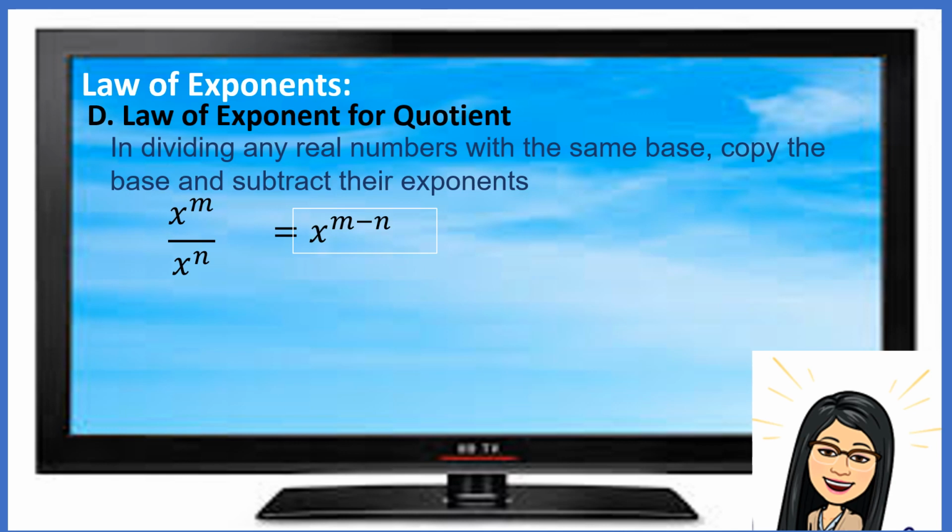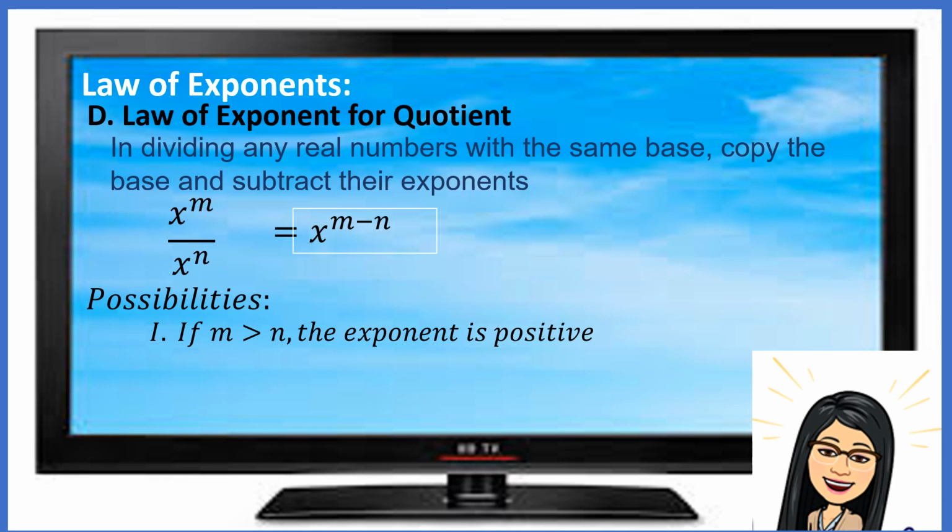Now, in using this law, there are 3 possibilities. First, if m is greater than n, or the exponent in the numerator is greater than the exponent in the denominator, the result is with positive exponents.